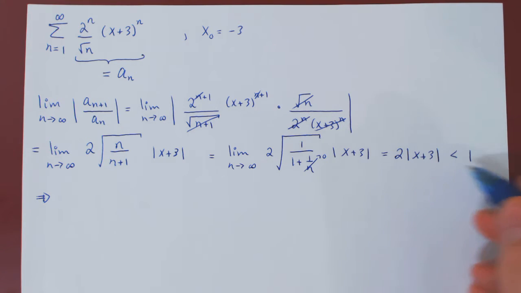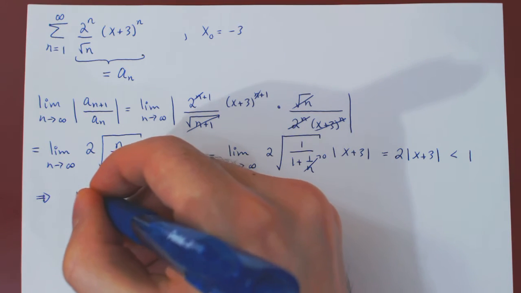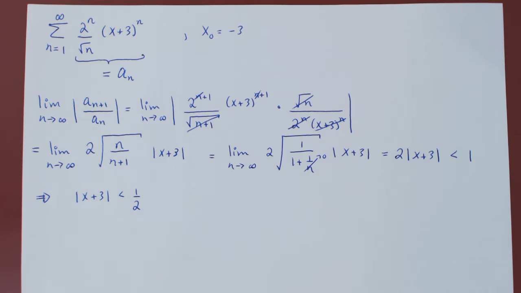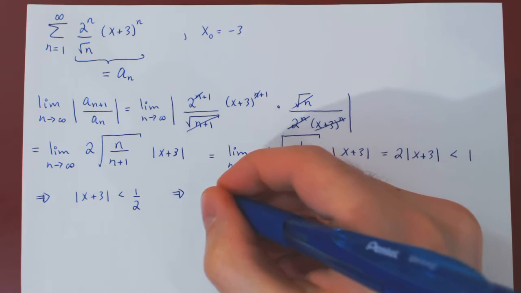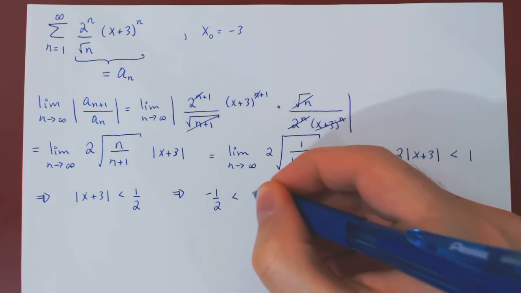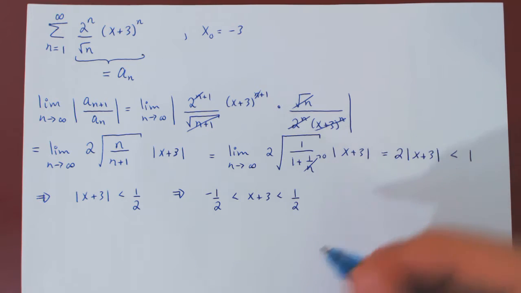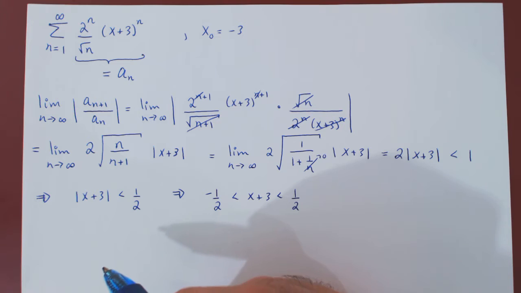Well, we can multiply across by 1/2. As 1/2 is positive, it preserves the direction of the inequality. So x plus 3 in absolute value is less than 1 over 2, and if x plus 3 in absolute value is less than the half, then x plus 3 must lie between negative 1/2 and positive 1/2. As we're saying, the size of x plus 3 is no more than 1/2.